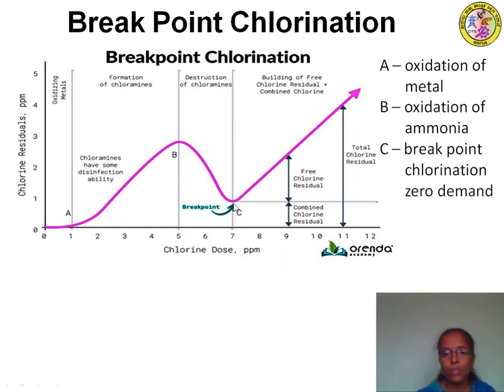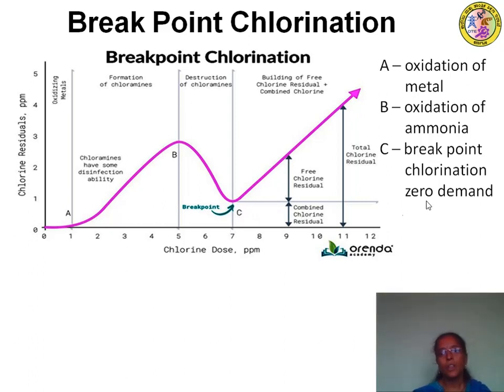Therefore this point is called breakpoint chlorination. For all treatment processes, normally chlorine will be applied beyond this breakpoint. The sample will be analyzed for the breakpoint chlorination, and after obtaining the ppm for it, the water sample will be applied with a dosage beyond this breakpoint.